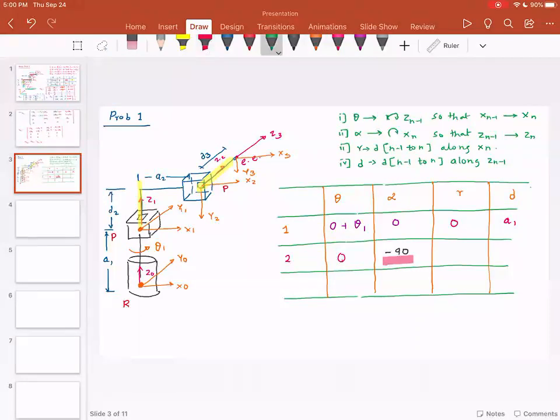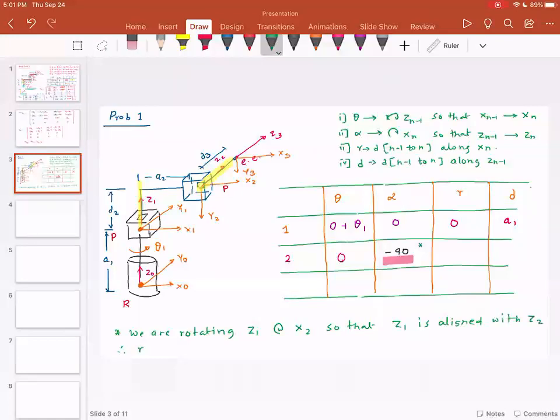So please note, I need to write down here: we are rotating Z1 around x2 so that Z1 is aligned with Z2.